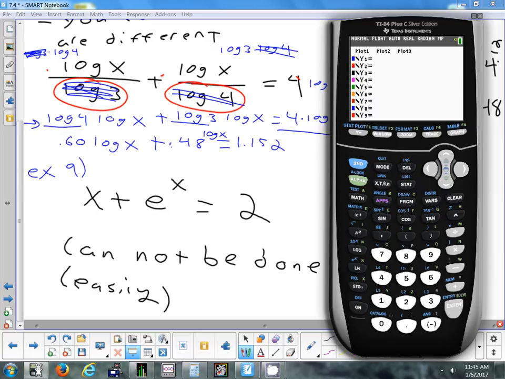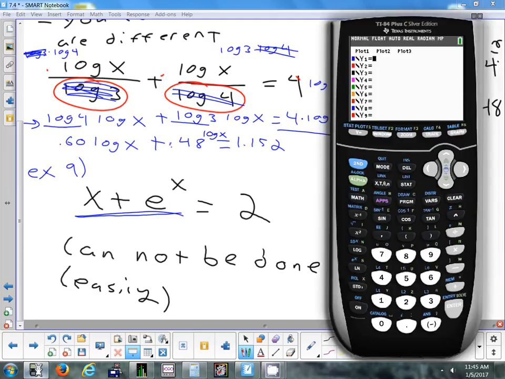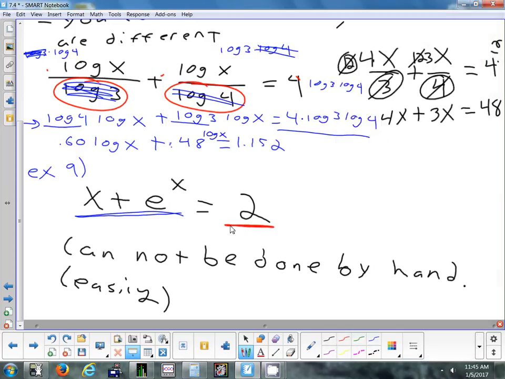Okay. I'm going to type this in right here. X plus e to the x. I'm going to type 2 in down below it. So I'm going to graph what's on one side in blue. I'm going to have a different graph in red. I'm going to have two graphs on the screen at the same time, a blue one and a red one.